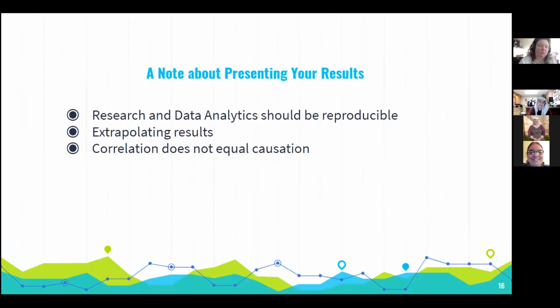And then I have a quick note about presenting your results. One thing to think about is research and data analytics specifically should be reproducible. And what that means is that every single thing that you do should be documented. You threw out this question because of this, or you did this to your data specifically.